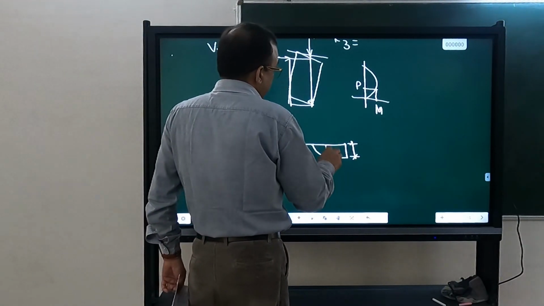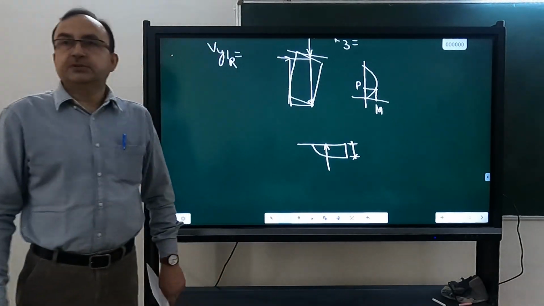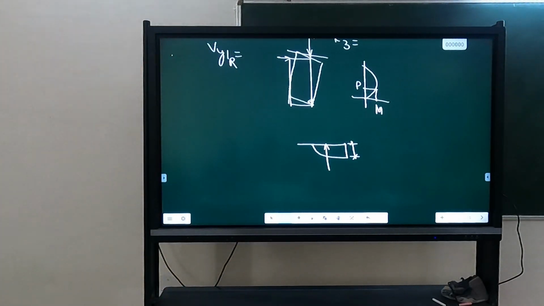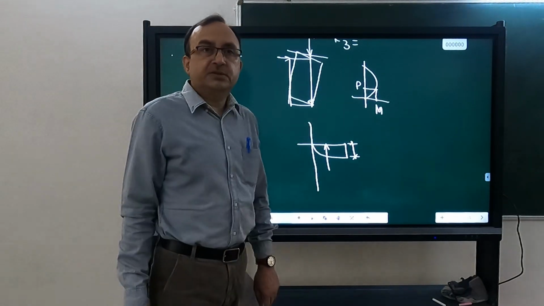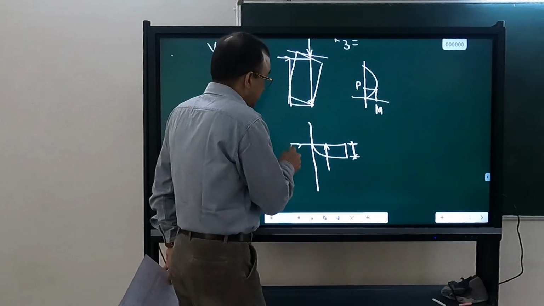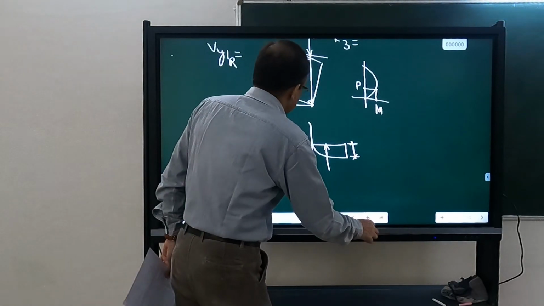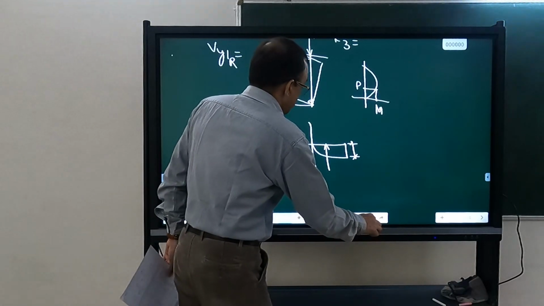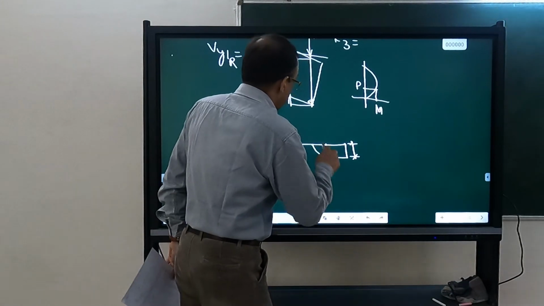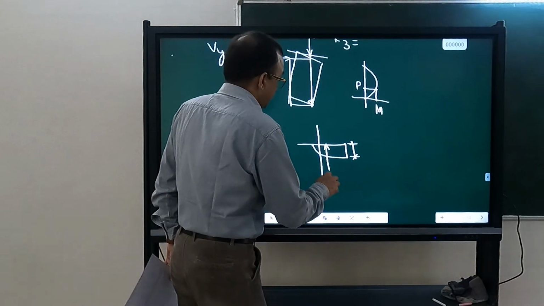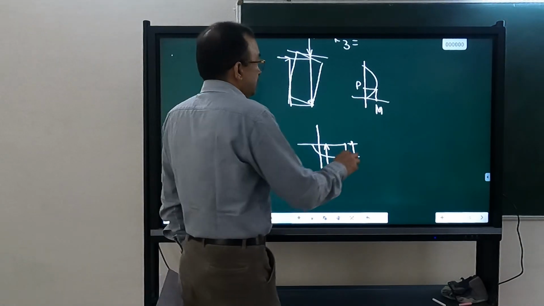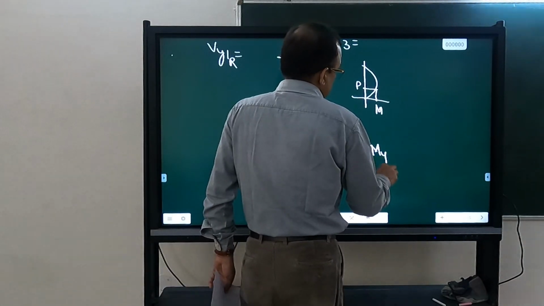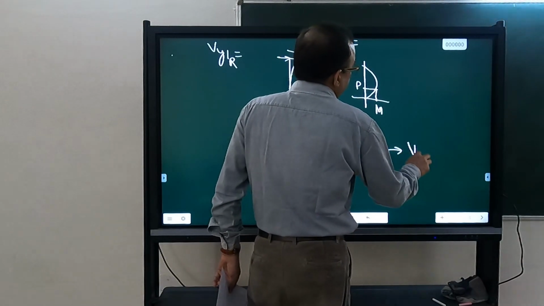Okay, you can calculate this force and then you can calculate moment about the center line, not at the neutral axis but about the center. This will give you M1, and from M1 you can calculate B1.